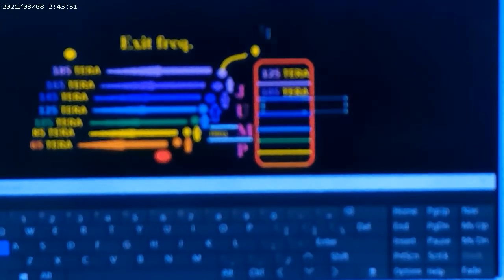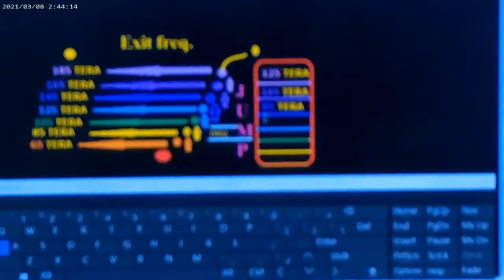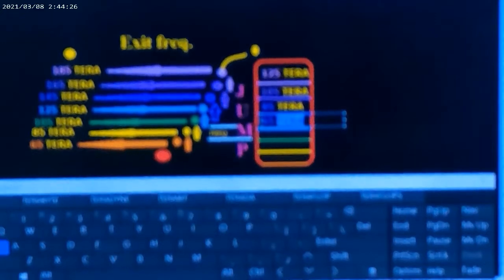Looks good. 85 terahertz for this guy, the jump frequency of the orange shell, which looks pretty nice. Oops. 65 terahertz for the jump frequency of the next shell.